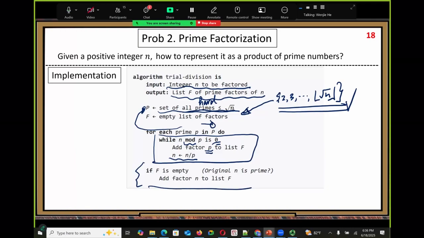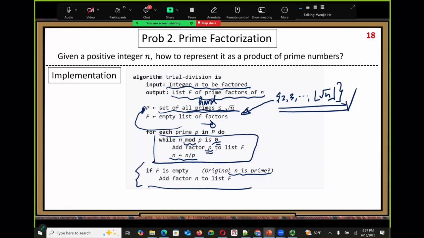After that, the last two lines produce the output. If capital F is empty, that means the original n is a prime, so you do not need to do factorization.